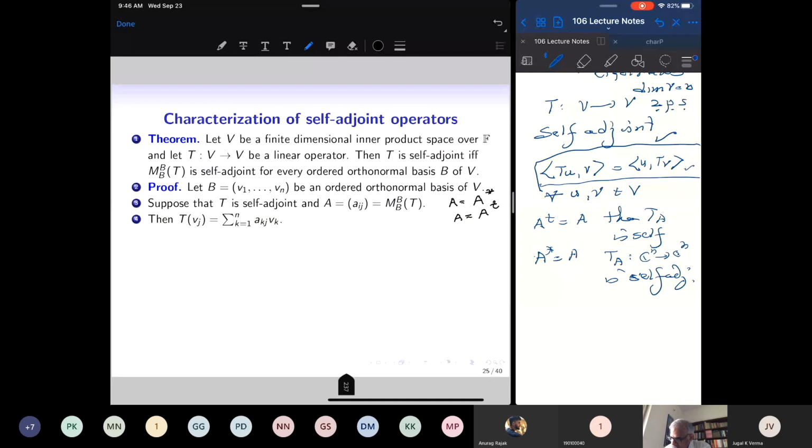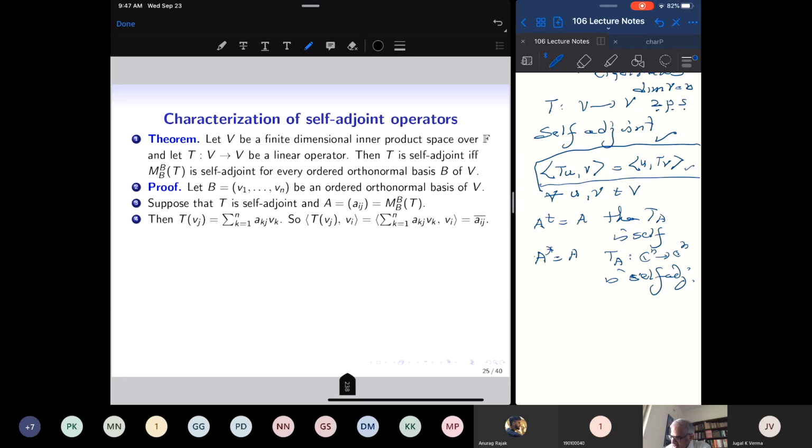So take the jth basis element and apply T on this. It is a linear combination of V1 up to Vn. So write this linear combination, and these coefficients akj are in the field of scalars, and V1 up to Vn is the ordered basis. So I have written down the coordinate vector. These akj's will go into the jth column of the matrix, right?